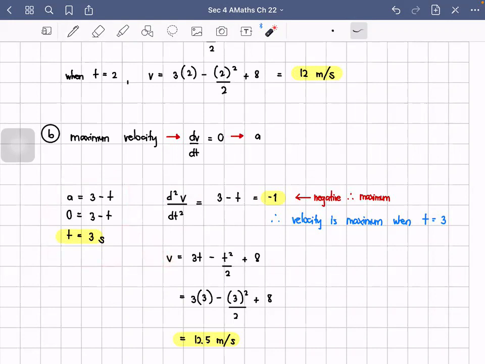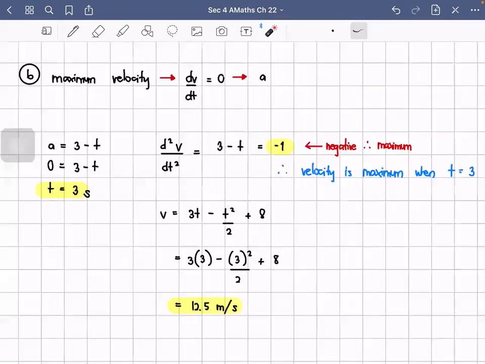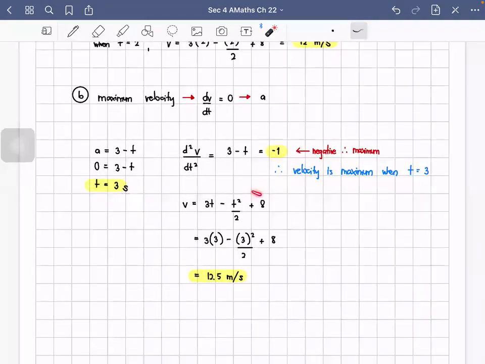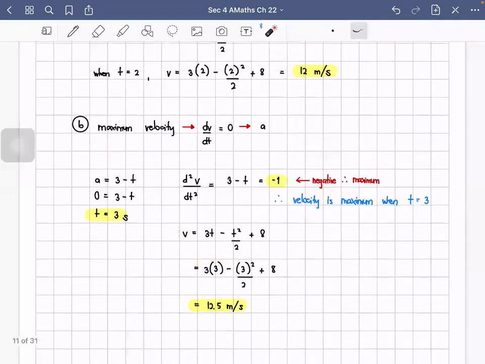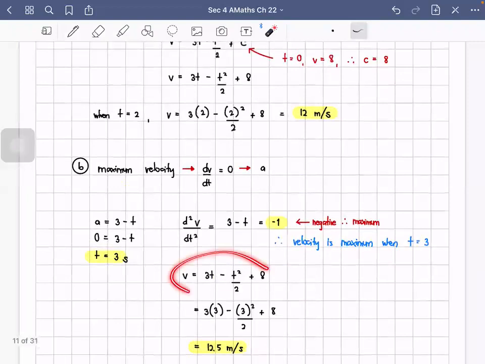Using the velocity function, because that's the question right there, the velocity is equal to 3t minus t squared over 2 plus 8. If you remember, this came from letter A, right here. So let's answer this now.